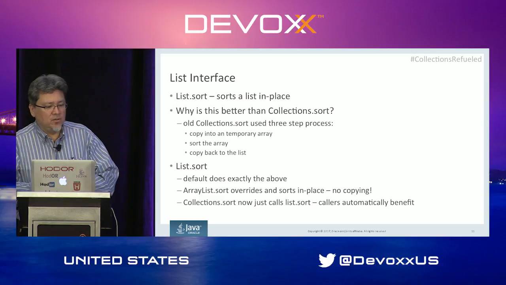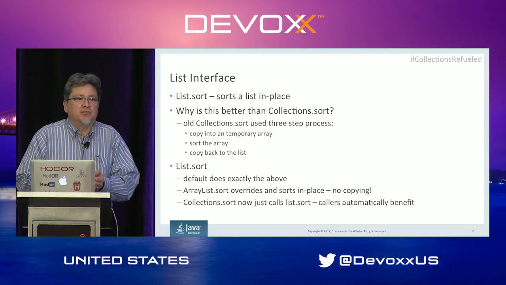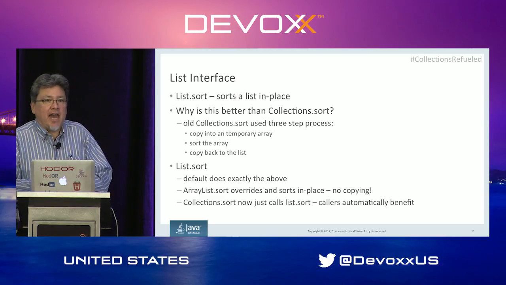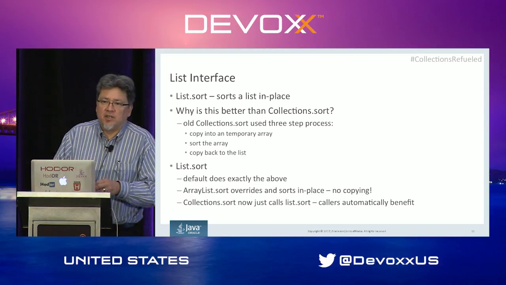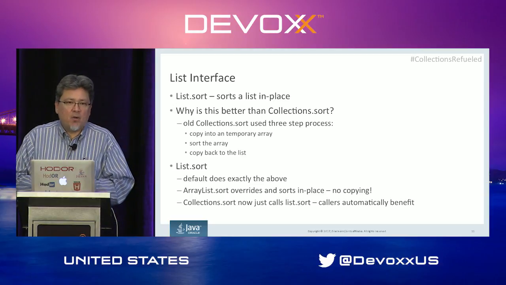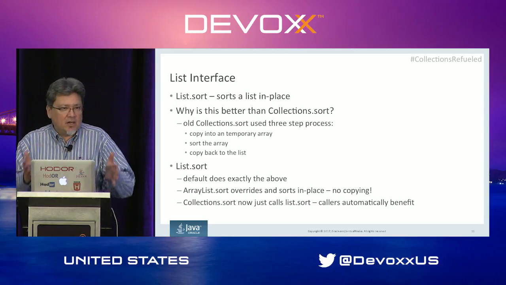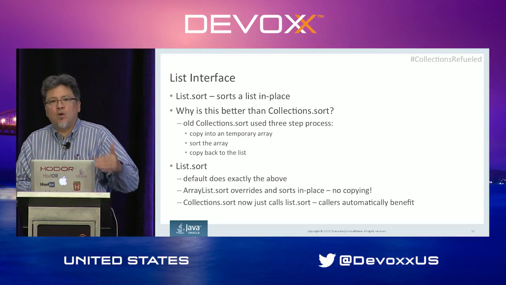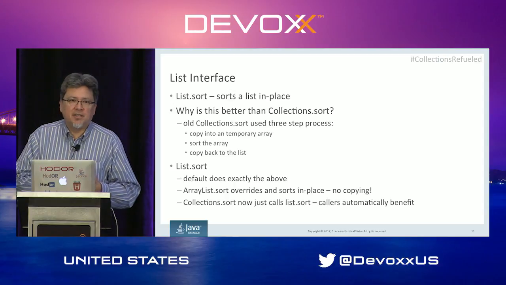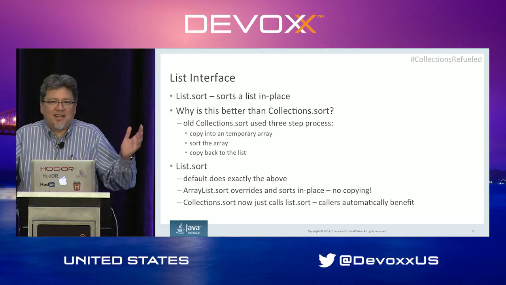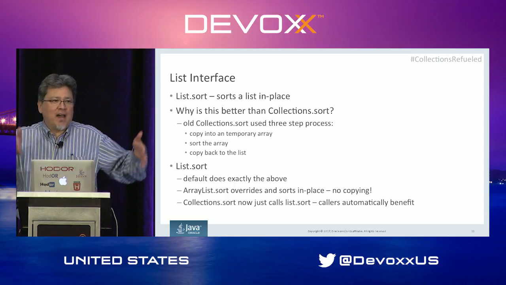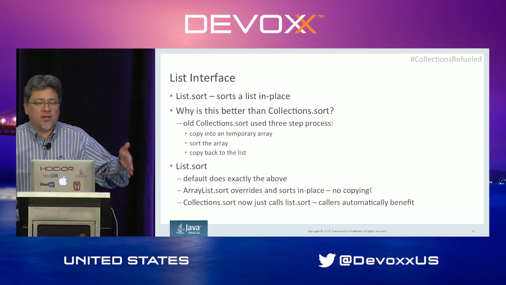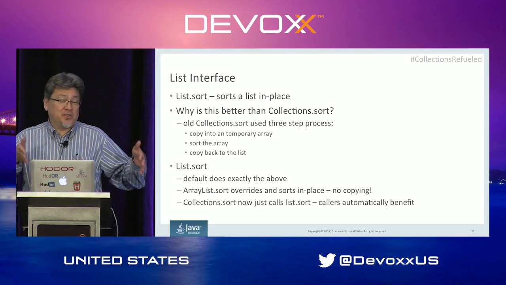The default implementation of List.sort does exactly that, because it doesn't know who it's inherited by. However, ArrayList being the most commonly used collection, ArrayList.sort overrides the default implementation and says, hey, I am an ArrayList. I know I have all my elements stored in an internal array. I'll just sort them in place.